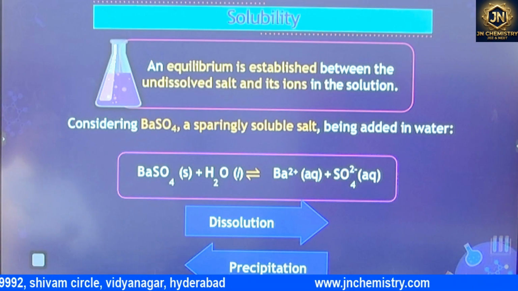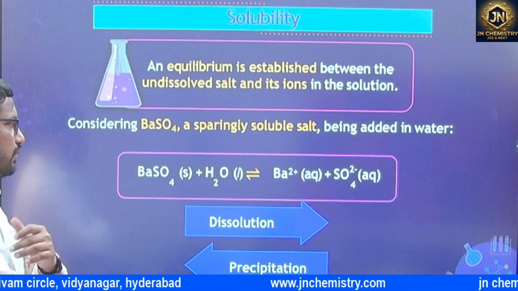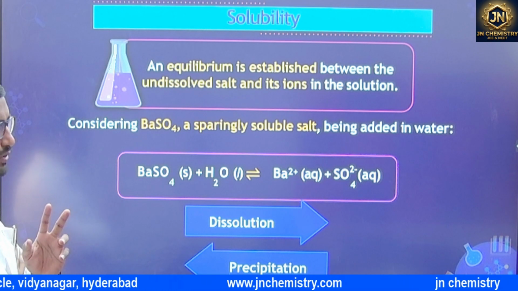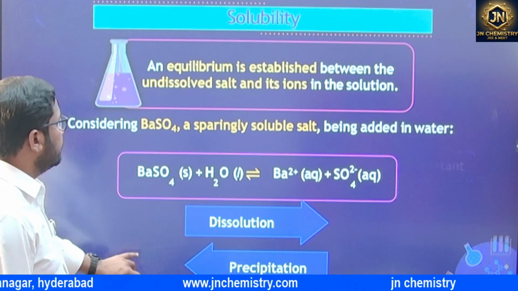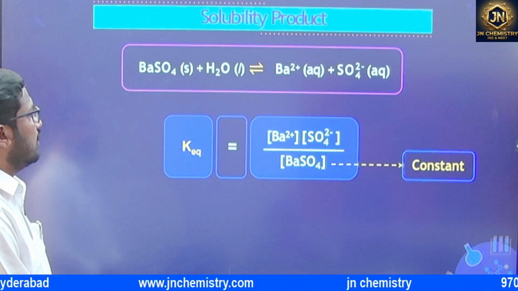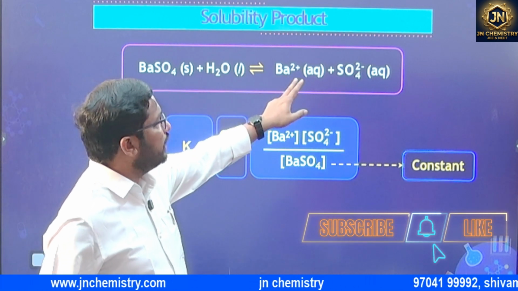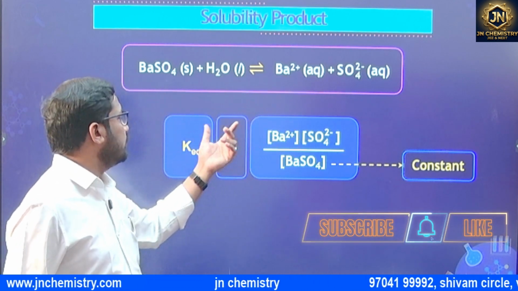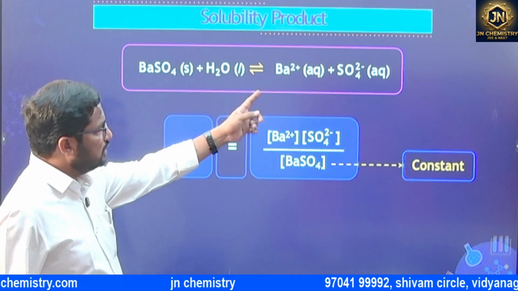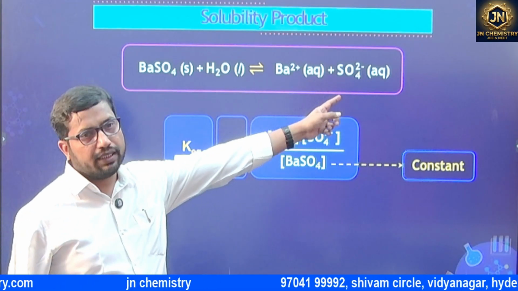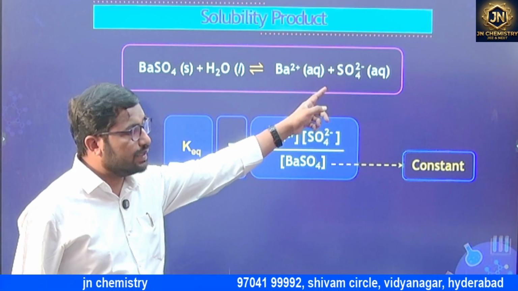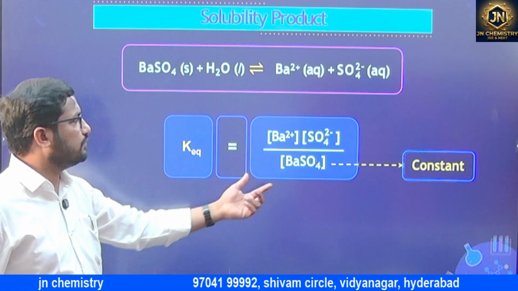We have different types: AB, AB2, AB3, A2B3 types. We'll discuss that. For example, BaSO4(s) is in equilibrium with Ba2+ and SO4 2-. So how can we write K equilibrium? Concentration of Ba2+ and SO4 2- divided by BaSO4.